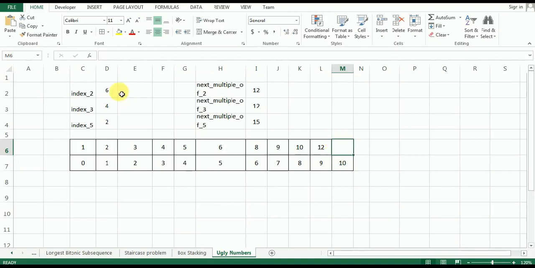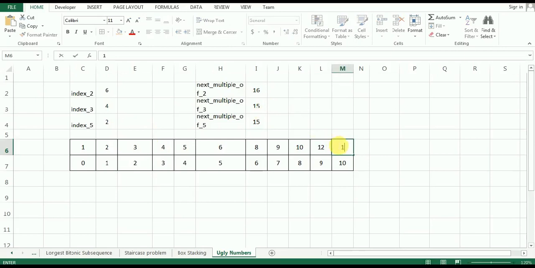Alright, so 2 multiplied by value at index 6, it's 8, so 2 into 8 is 16. 3 multiplied by value at index 4, so it is 5, we are going to get 15 over here, and 5 multiplied by value at index 2, so it is 3, so we are again going to get 15. 15 is the minimum value.